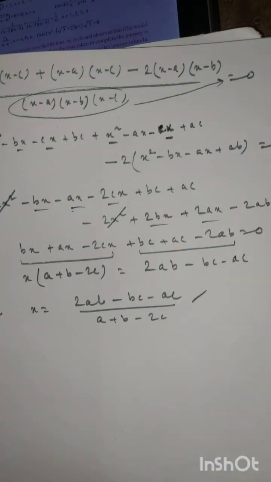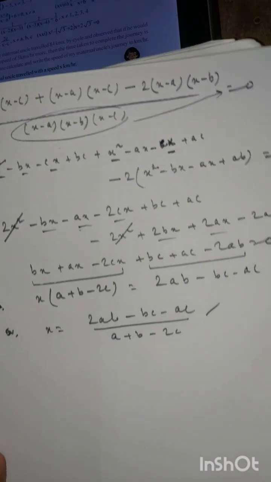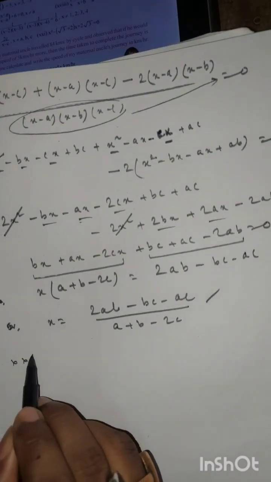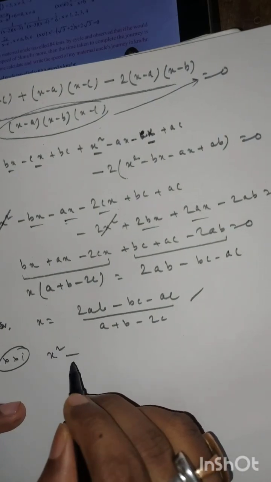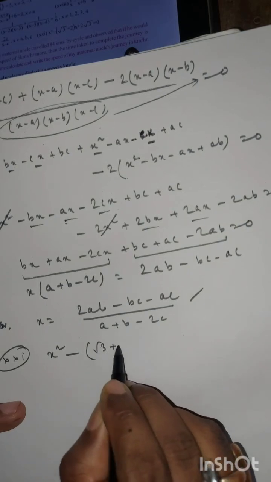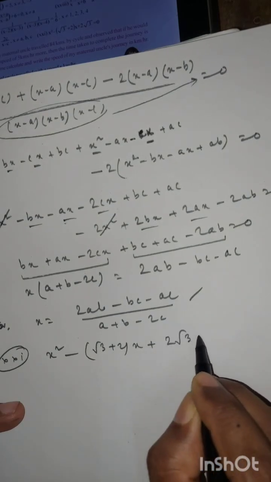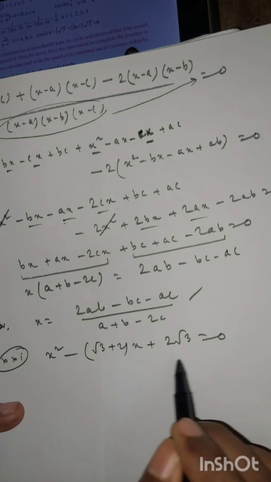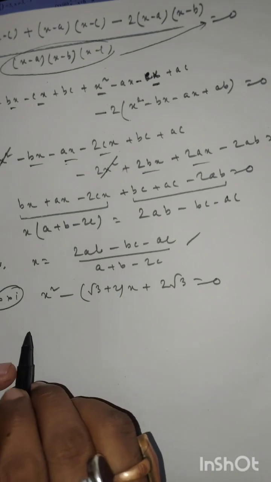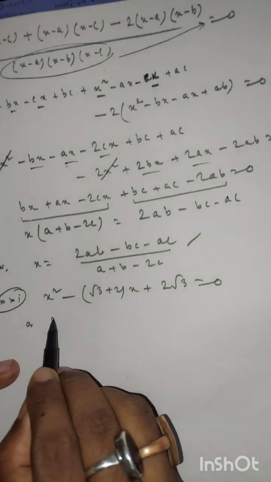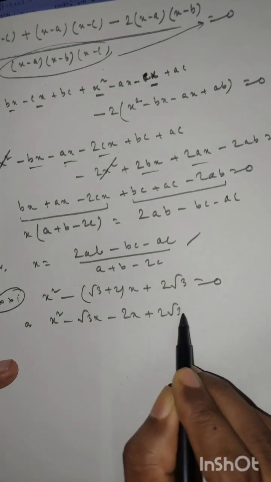Now let us proceed to our last question. This is question number 21. Let us open the bracket, or minus root 3x minus 2x plus 2 root 3 equal to 0.